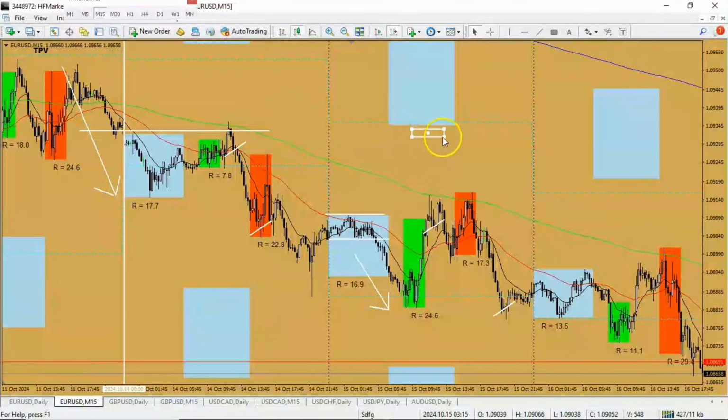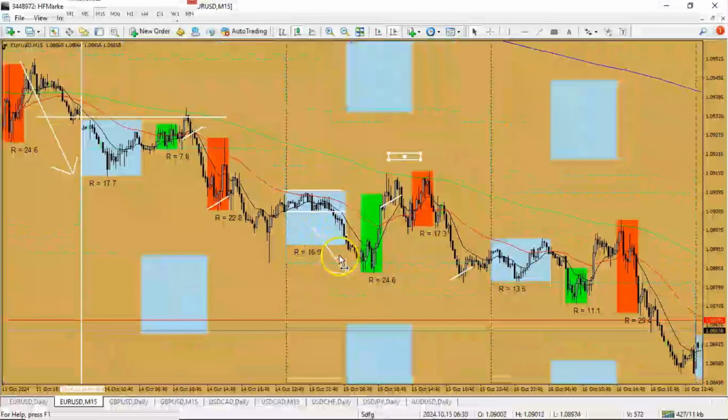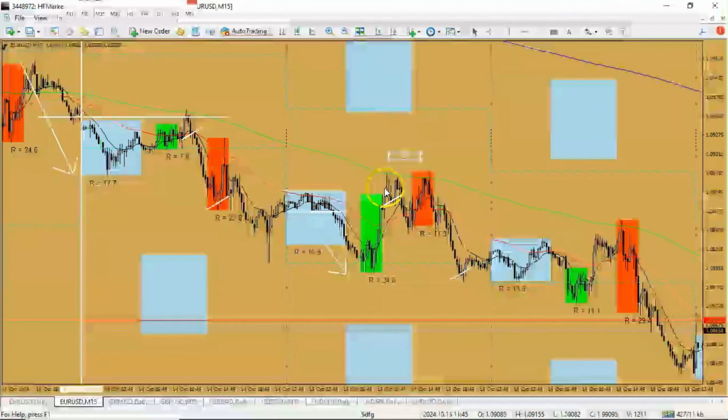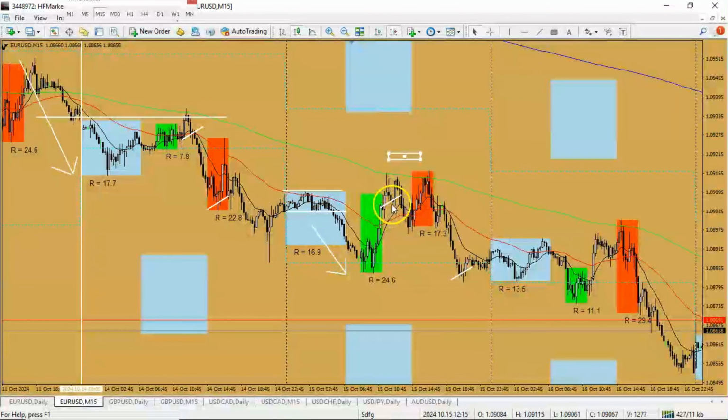Now, we have a further inducement where we have a breakout to the downside, inducing breakout traders to take sell positions. Price moves against these retail trader positions to trigger the stops above the Asian range, and that's where I took my position. Now, price did not move until the New York session.